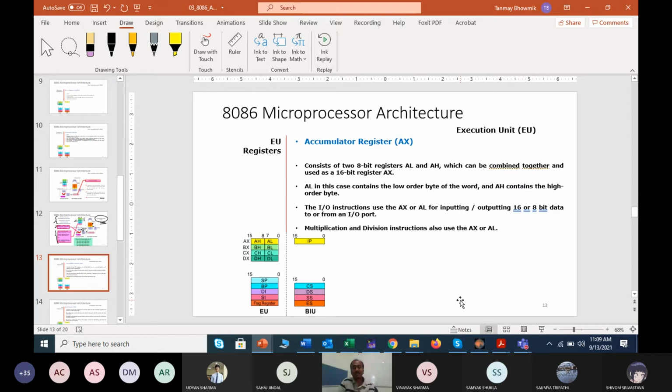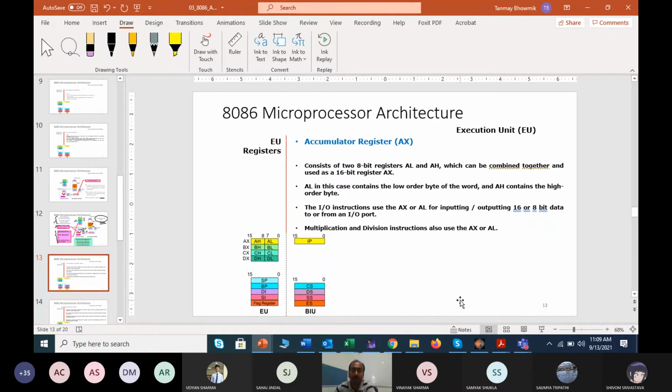It consists of two 8-bit registers AL and AH, which can be combined together and used as a 16-bit register AX. No new thing here, what we have discussed from the beginning of this class: AL for lower, AH for higher. AL holds the lower order bits, AH holds the higher order bits.